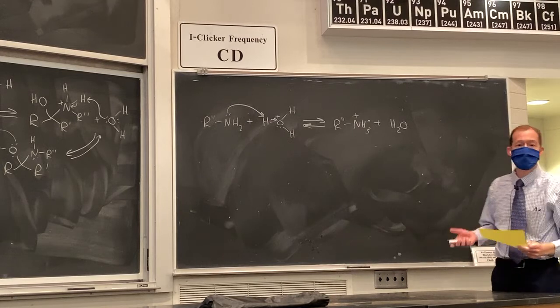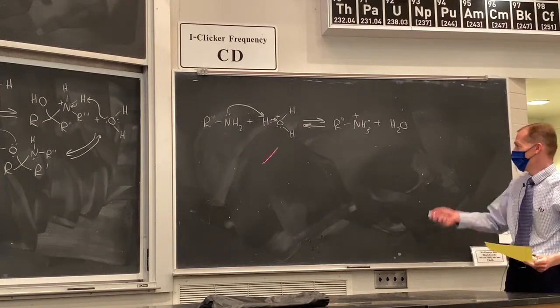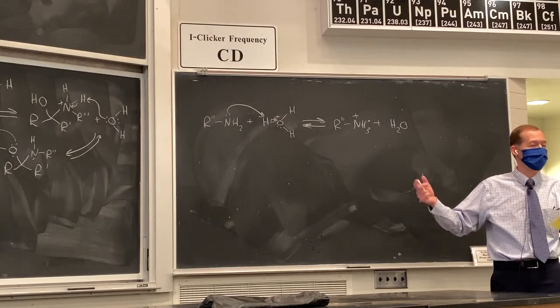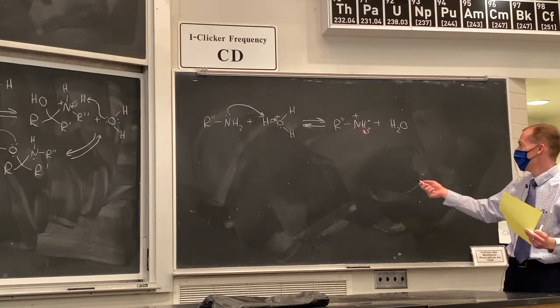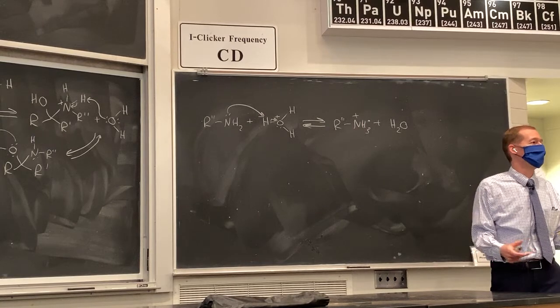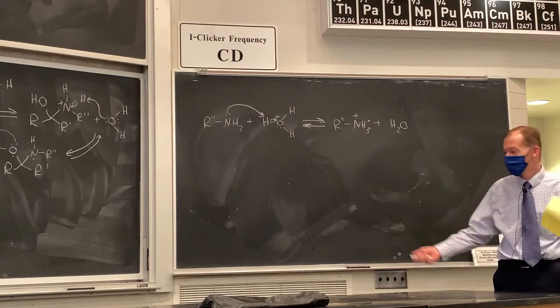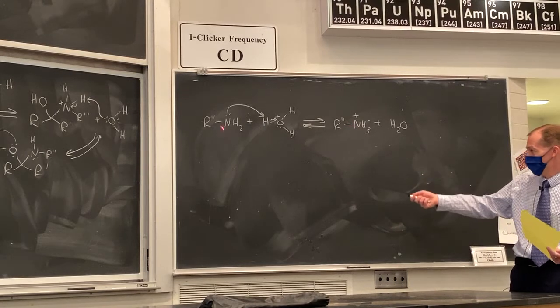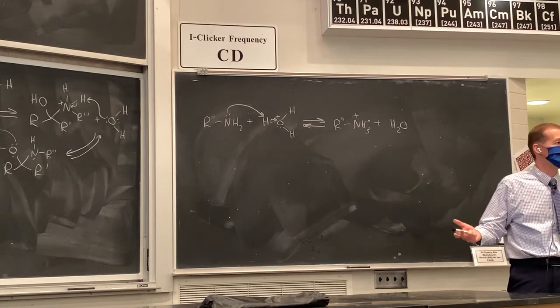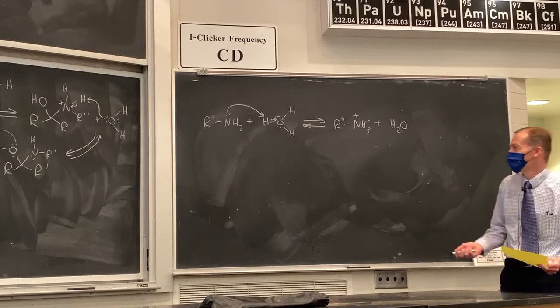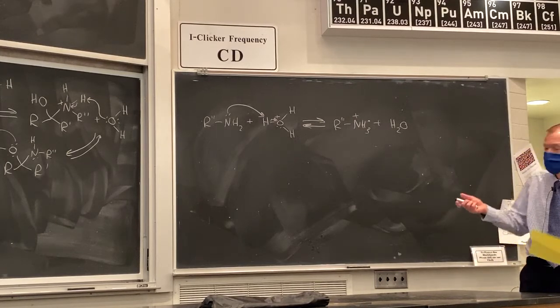So the higher the concentration of acid, the more of the ammonium ion, the conjugate acid of our amine, we have in solution. Is the ammonium ion going to be a nucleophile? No, it has no lone pairs. It's not nucleophilic. So if we have a lot of this and not very much of the amine, we're dead in the water. The reaction's not going to work. We're always going to have some of this because we always have some acid present.